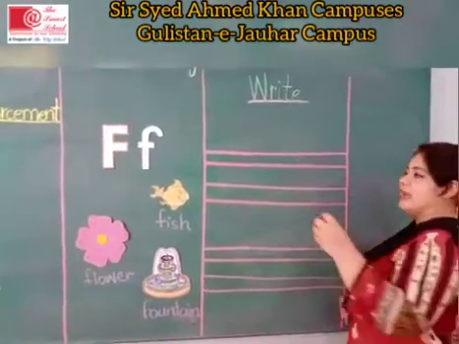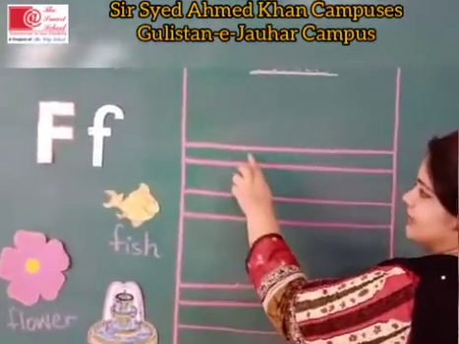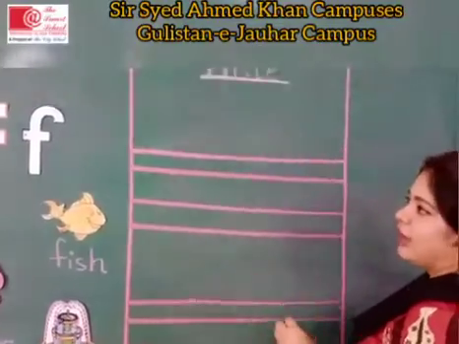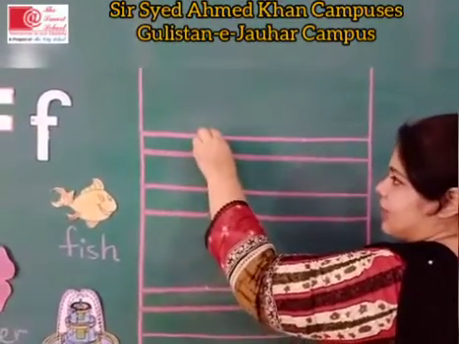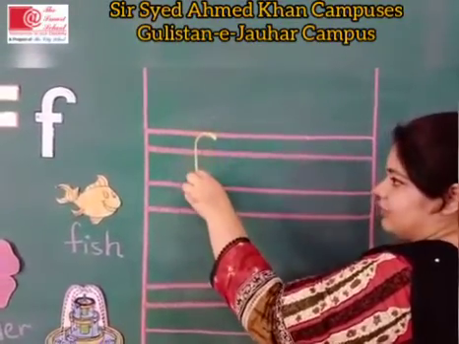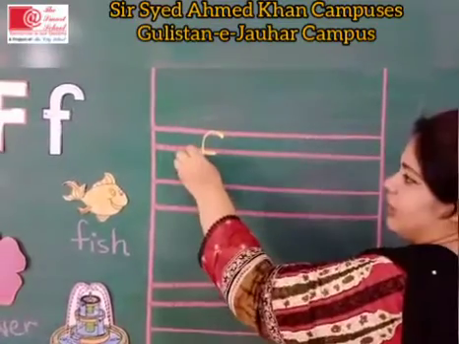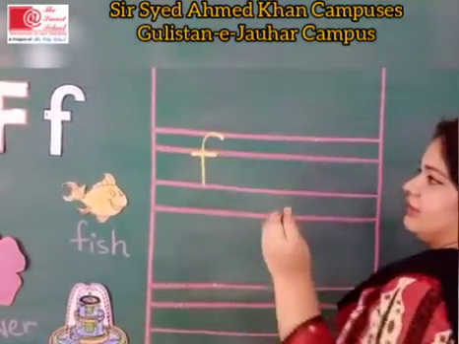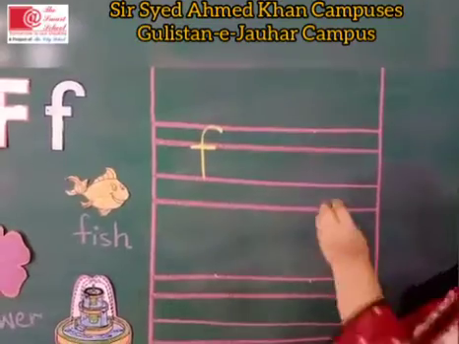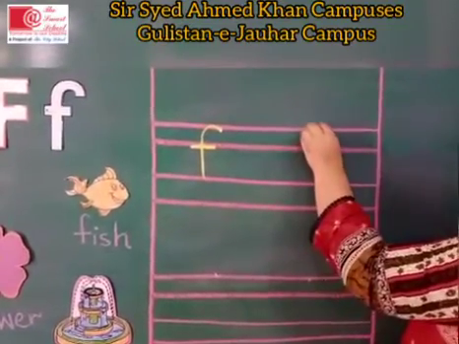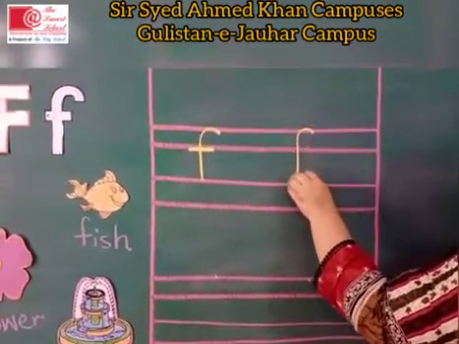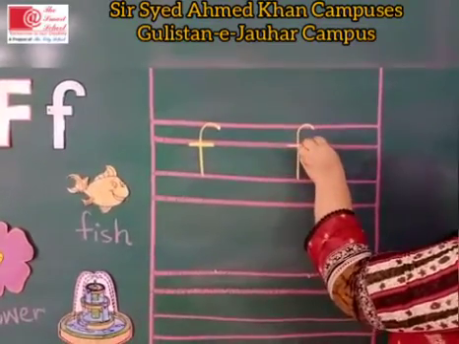Now I will show you how we can write the sound in between these four lines. Now come closer and watch me very carefully. This is your starting point. You have to make a round, come down and make a straight line.